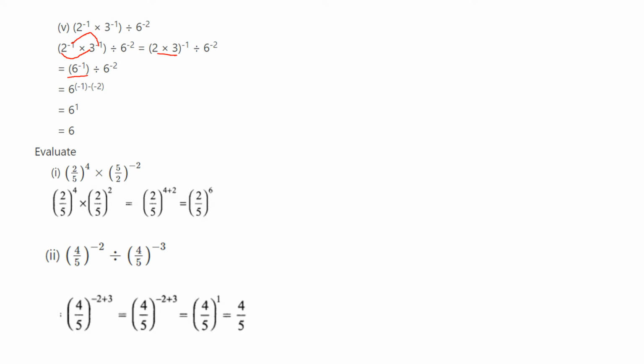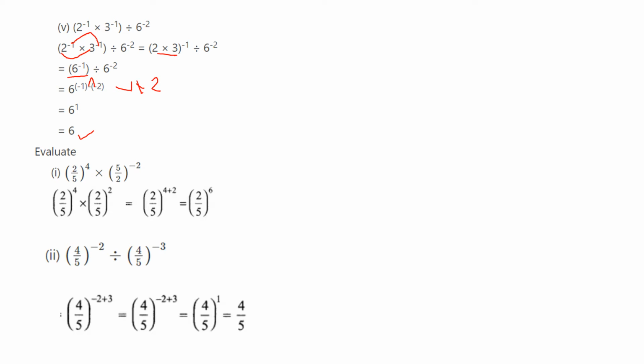Next, divided by 6 to the power minus 2. Here a to the power m divided by a to the power n, that is a to the power m minus n. So minus 1 minus of minus 2. Minus into minus plus. So minus 1 plus 2. That is 6 to the power 1. That is 6 is the answer.